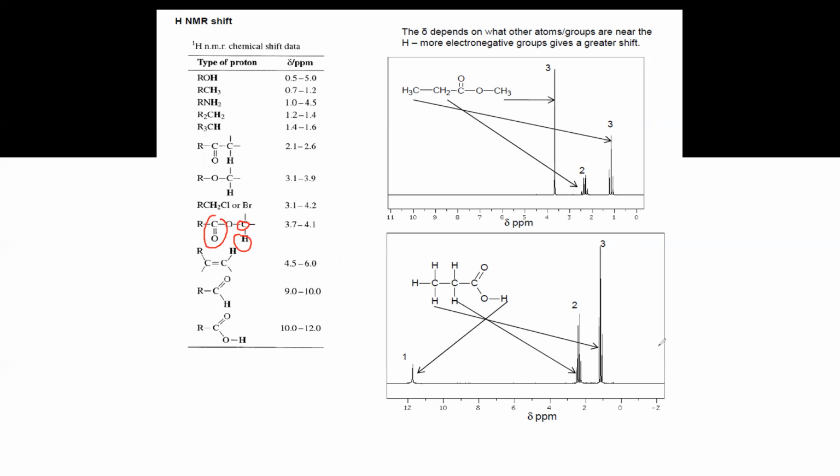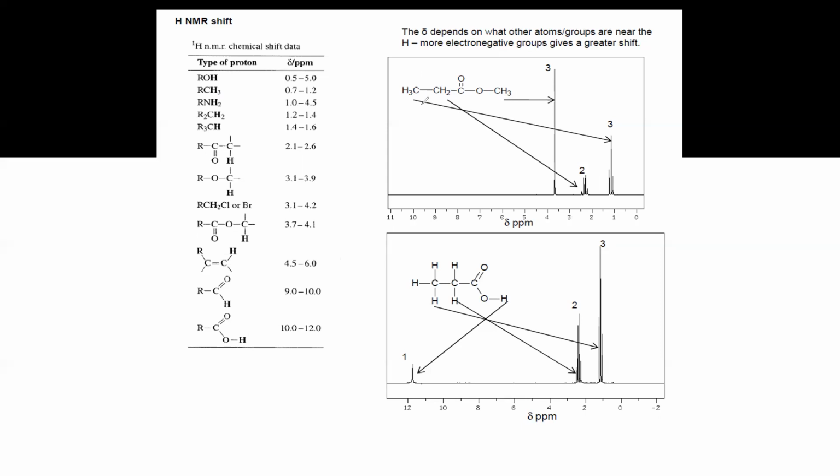Like here you can see, as you can see, if we take this ester, this ester is having CH3, CH2, and CH3. So 3 hydrogen environments, that's why 3 peaks are there.